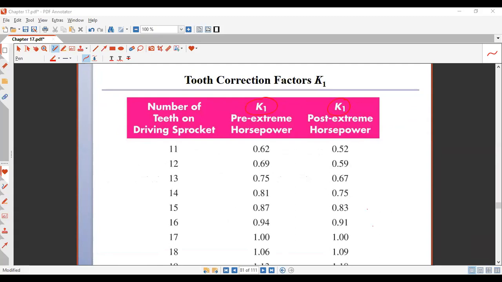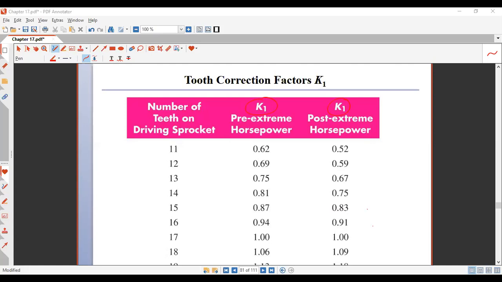One is link plate based and the other one is roller plate based. It's just the calculation of the fatigue strength of the roller chain through 2 different ways.